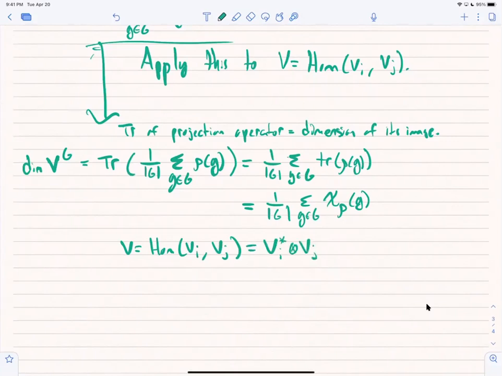So then on the left, I'm getting the dimension of the G-invariant homomorphisms from Vi to Vj.